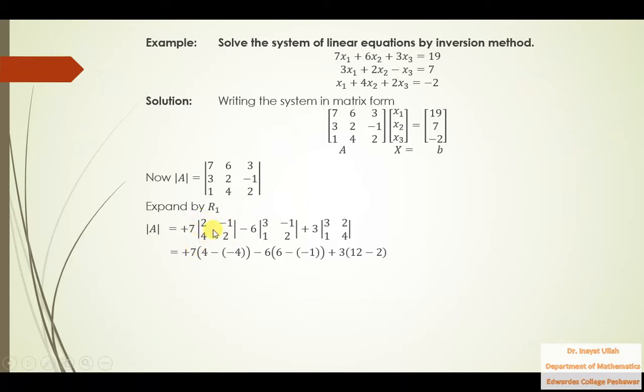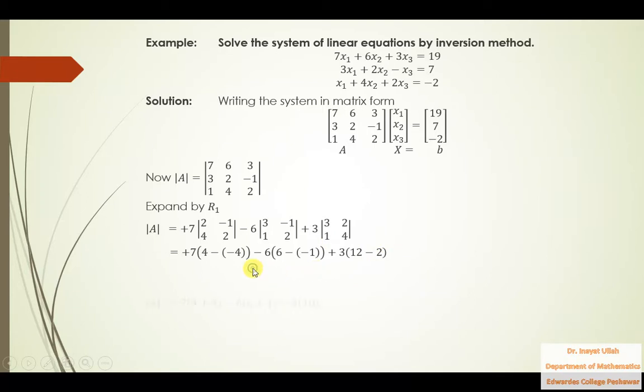So plus 7 into, 2 2s are 4, minus is in the formula, minus 4 into minus 1 is minus 4, then minus 6 into, 3 2s are 6, minus 1 into minus 1 is minus 1, then plus 3, and that is 4 into 3 is 12, minus is in the formula, 1 into 2 is 2.